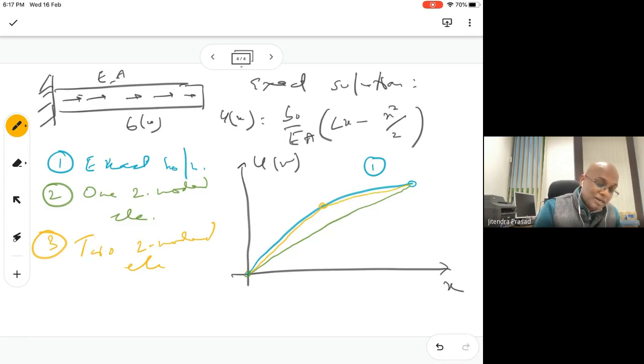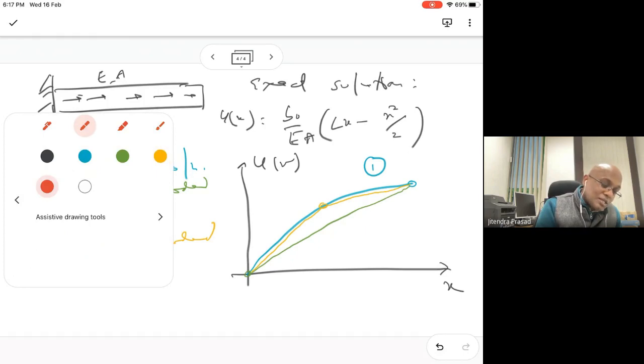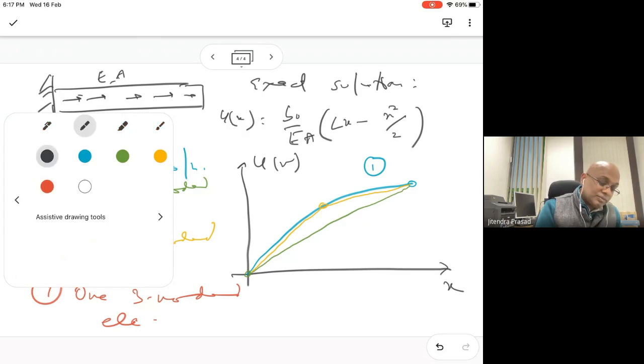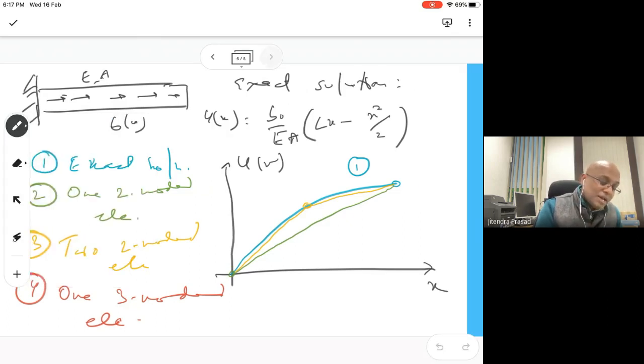So better than number two, but still worse than number one, the exact solution. Now we want to delve into one three-noded element, and we want to solve it and see how the solution works out. Okay, so we can go ahead.